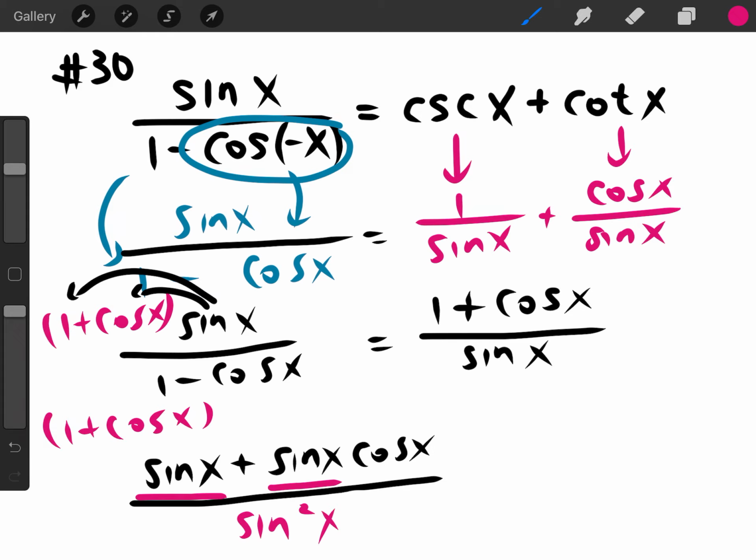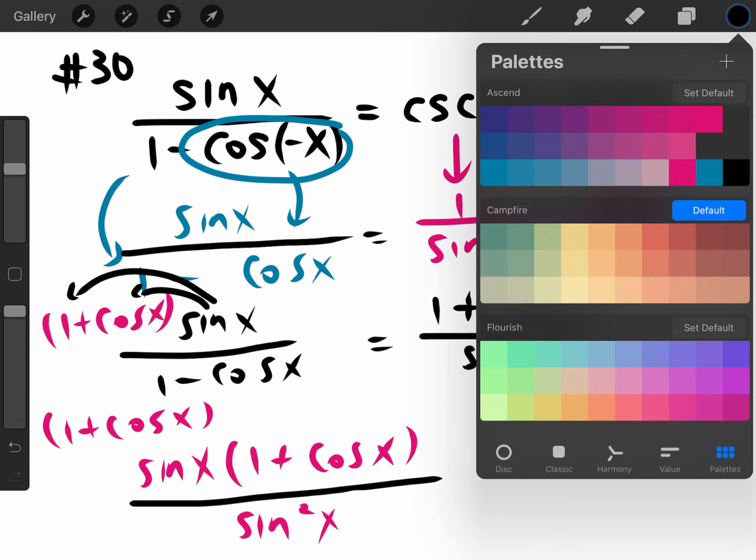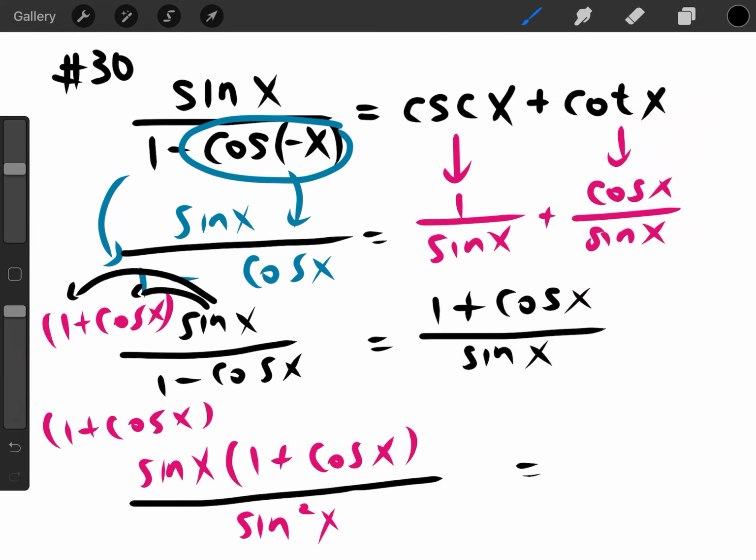Now I'm going to factor out the common factor of both terms, which is sine x. So I'm going to rewrite the top. It's going to be sine x times 1 plus cosine x.